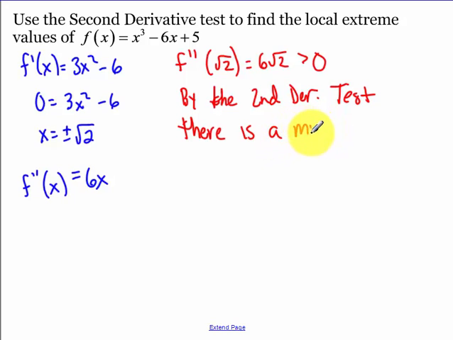There's a min of, I'm going to find the value in a minute, at x equals root 2. Now when I plug root 2 into my original function, I get negative 4 root 2 plus 5.